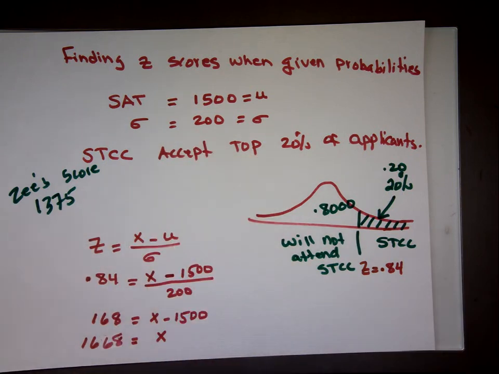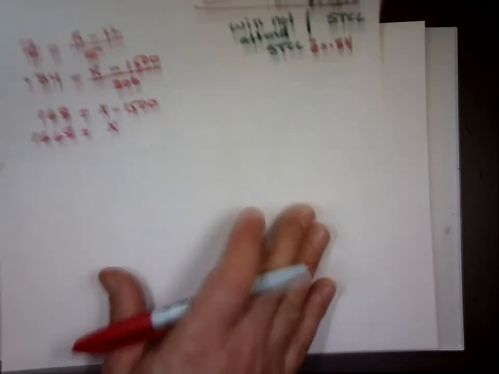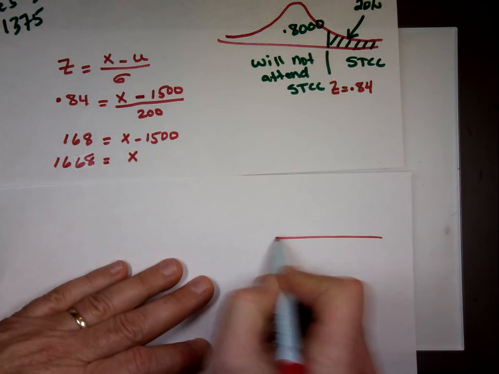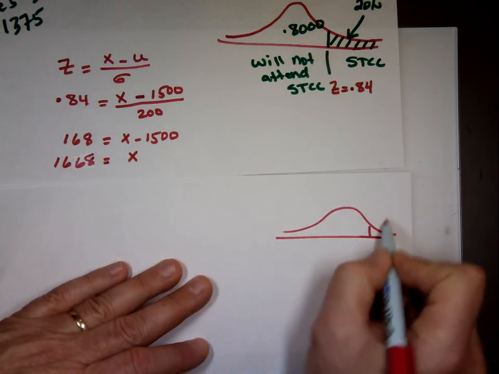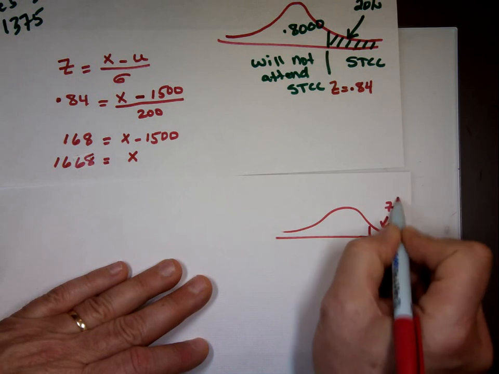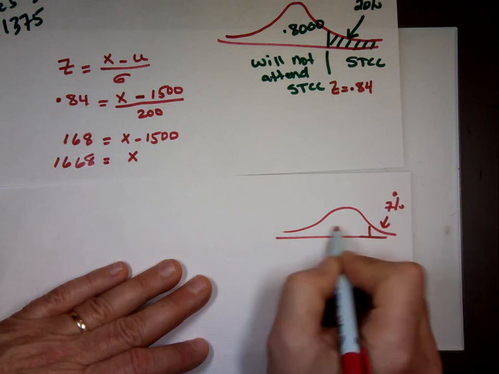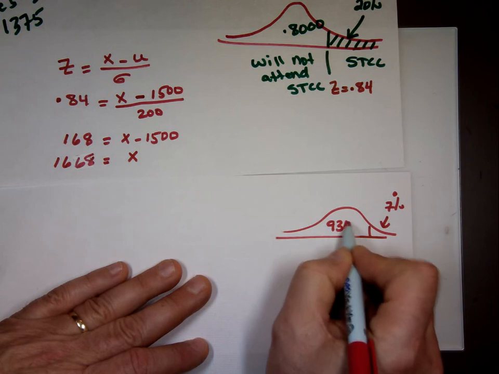If Harvard acceptance rate is 7%, top 7%, that means this is 7%. It rejects 93%. This is for Harvard.